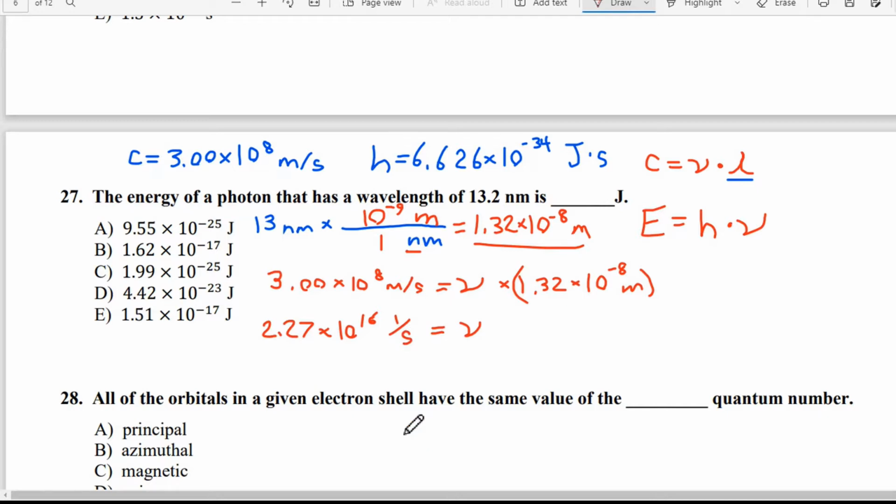Because you're dividing by meters, it cancels out. So strictly speaking, it's 1 over seconds, but what it actually means is waves per second. So that many waves per second are passing by a particular point.